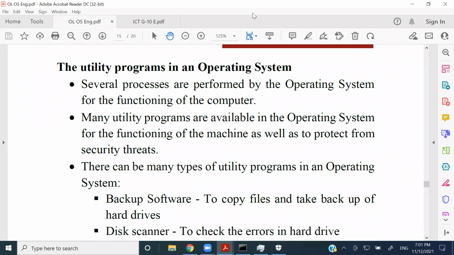Okay, so I hope this is clear to everyone. So let's move to the utility programs in an operating system.